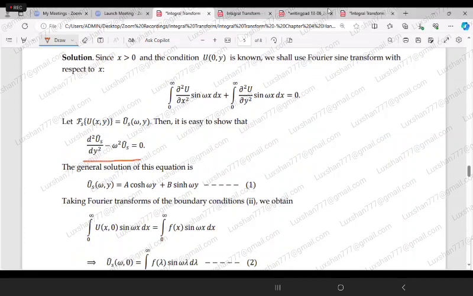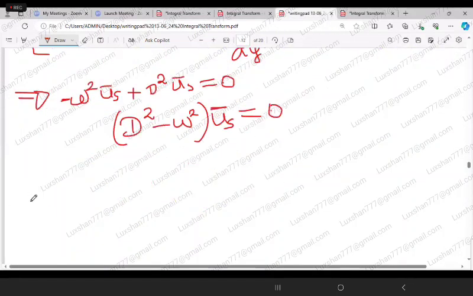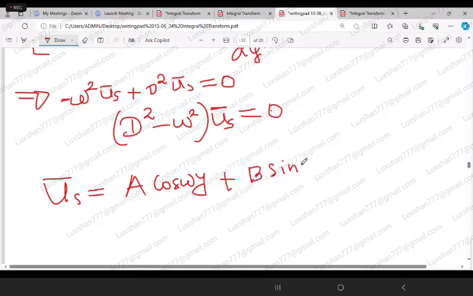Okay, now you can write the solution of this equation, that is u bar s equal to a cos ωy plus b sin ωy. Is this correct?